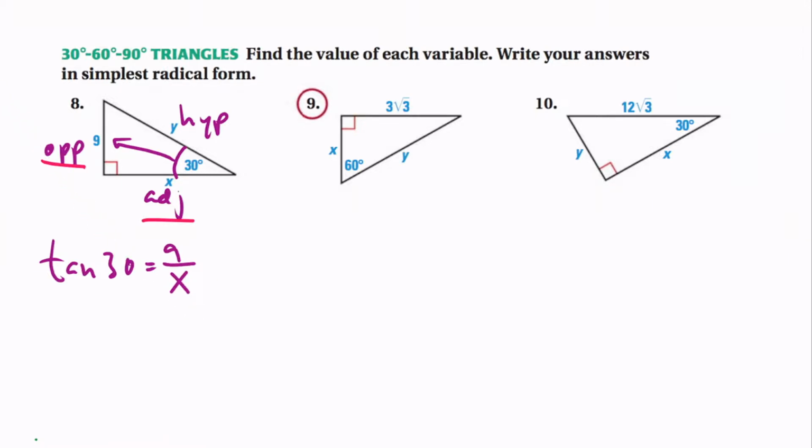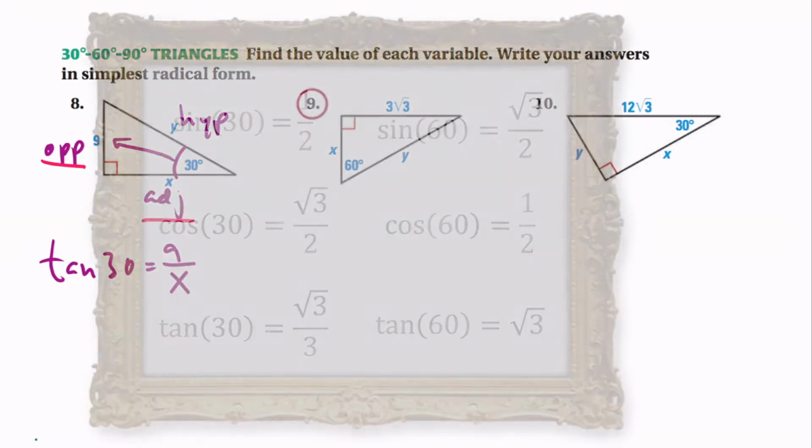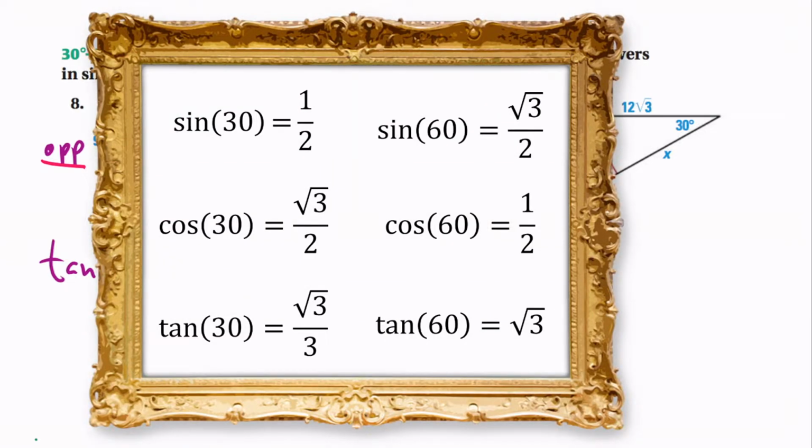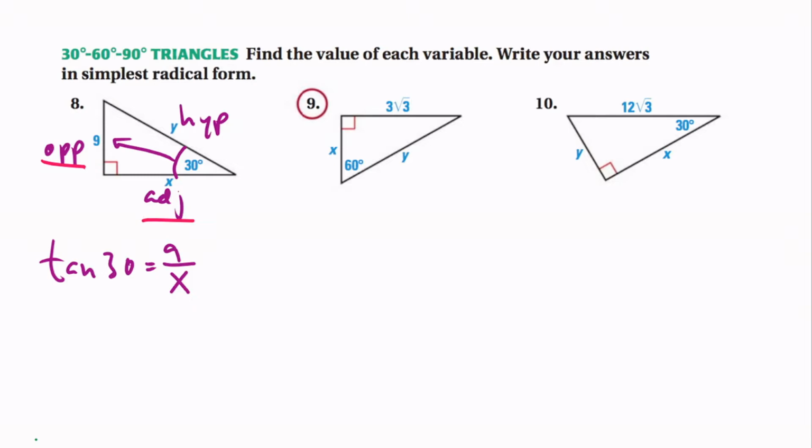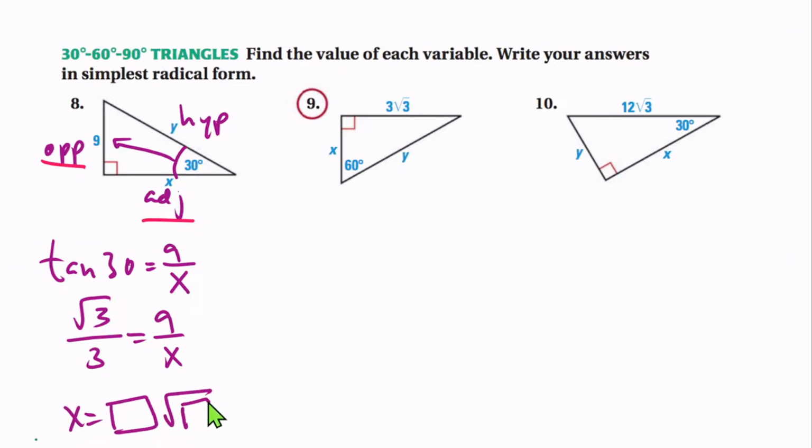Then we look up what is the tangent of 30, and we can see it is square root 3 over 3. So we come back here, and the square root 3 over 3 replaces tangent 30 equals 9 over x, and we now just cross multiply, and x should come out to be a number times the square root of another number, and that's your answer for x.